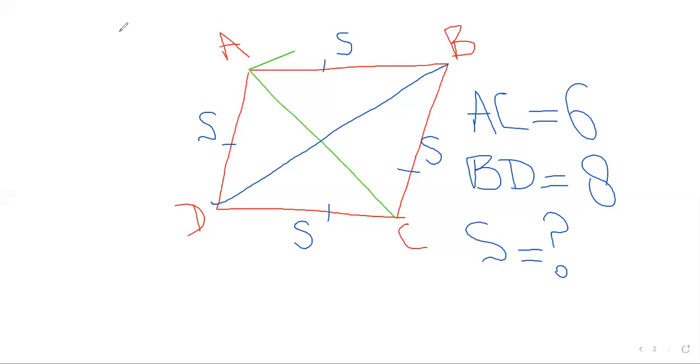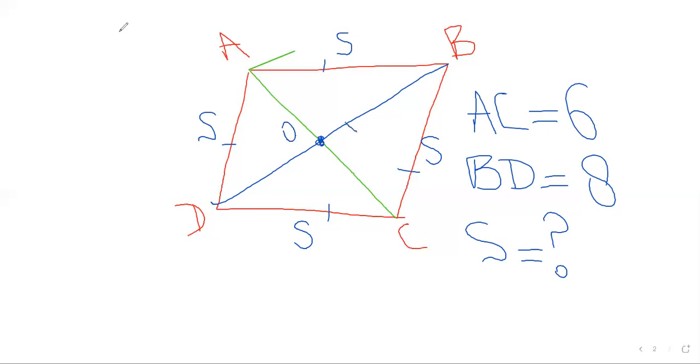Absolutely right that one thing is that these diagonals are bisecting each other. So at the point of intersection, we call this point O. From here these are at a right angle also.